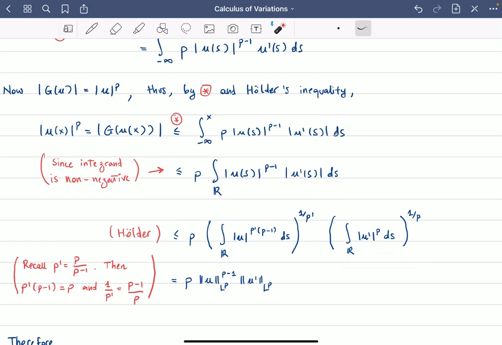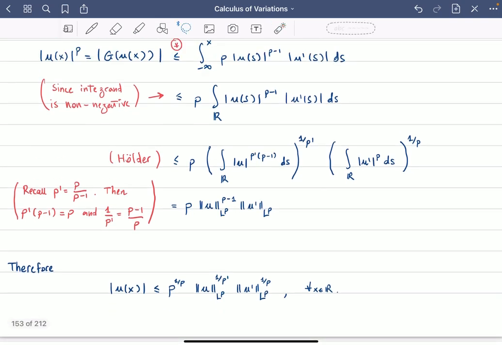And instead I'm using Hölder with exponent p prime on this term here. So I get p prime times p minus 1, all to the power of 1 over p prime. And this constant p is just outside of the integral, so we don't care about it. It just stays there.